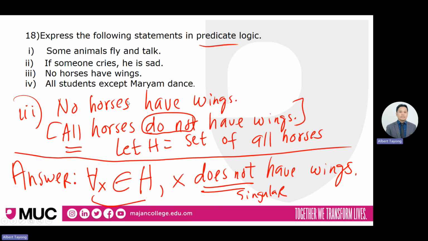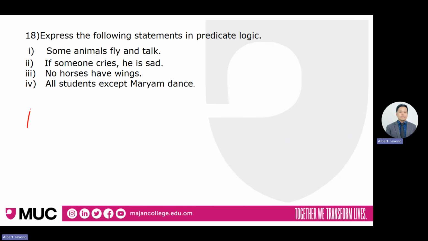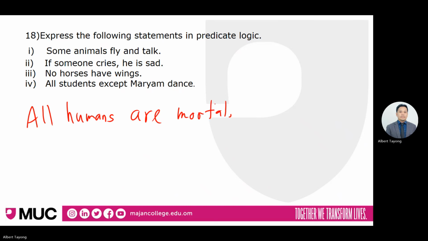Okay, let me give you one more example here for you to understand. For example, when we say all human beings, all humans, are mortal. Here we don't have not, so we don't use no. So we let H equals set of all humans or human beings.